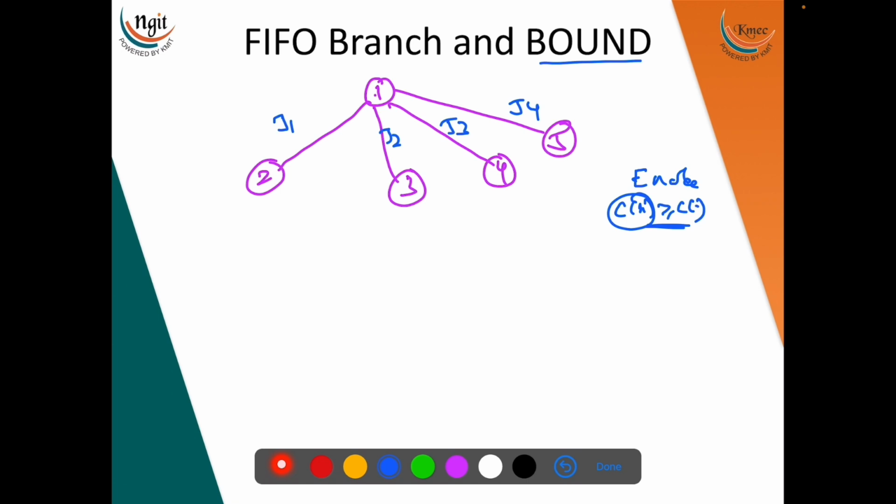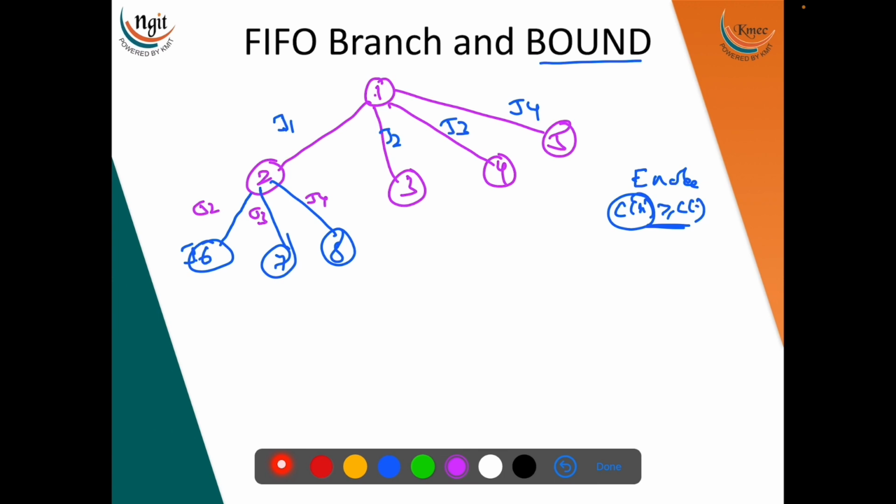So I told you that it is BFS, right? Now, breadth wise we'll be finding the job solutions. If I want to explore this node, J1 is already present. So which nodes will we take into consideration? J2, J3 and J4. This is J2, J3, J4. Now it is exploration.